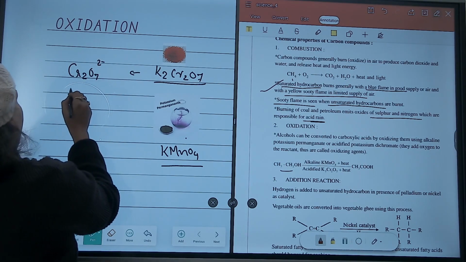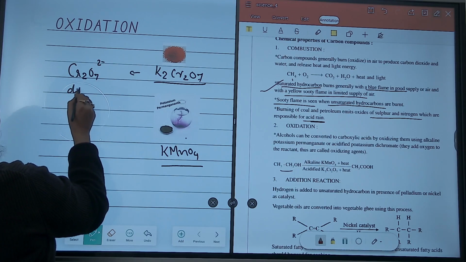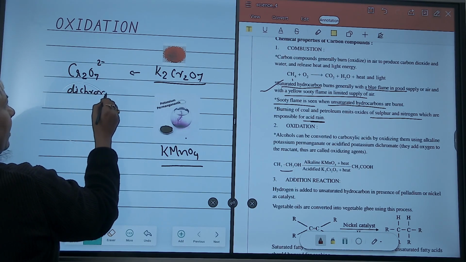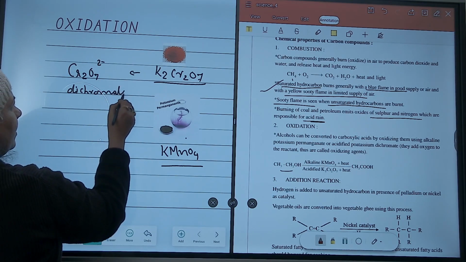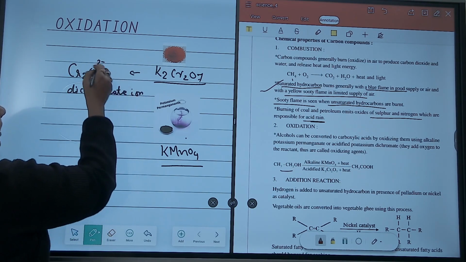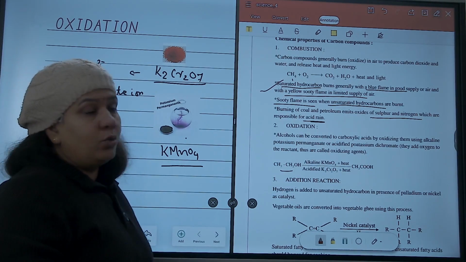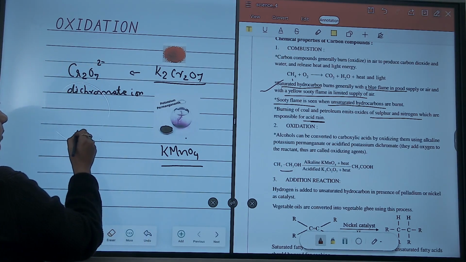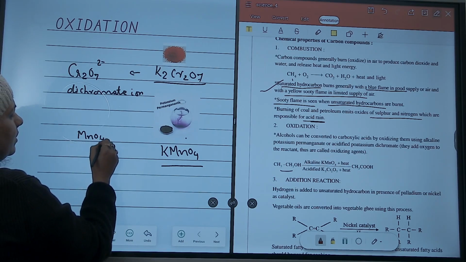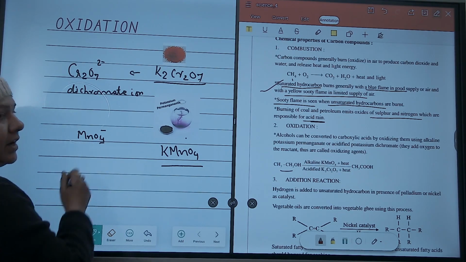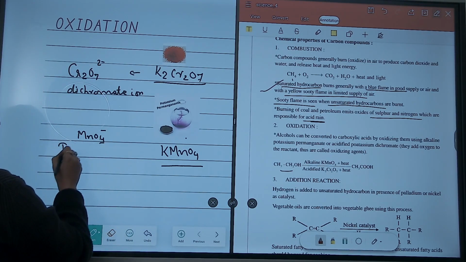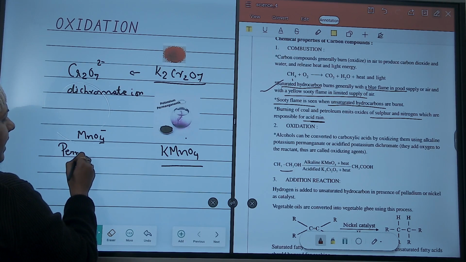This is the dichromate ion, with valency 2, and this is MnO4, the permanganate ion with valency 1.